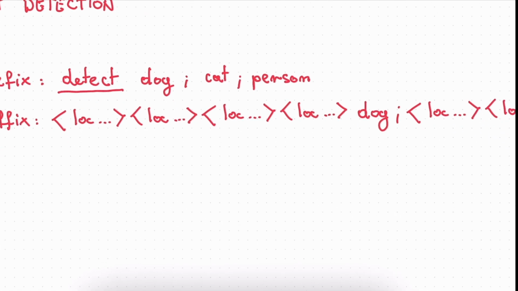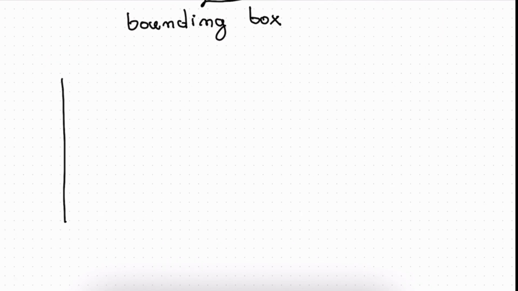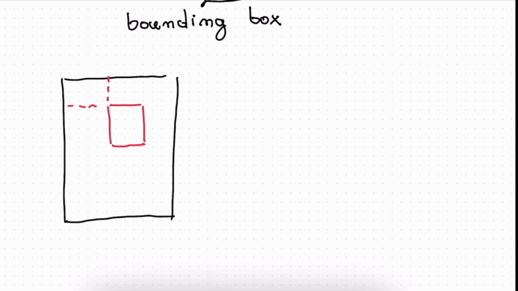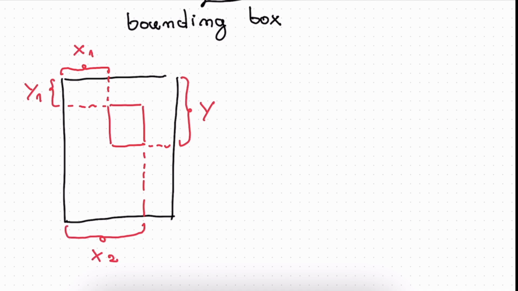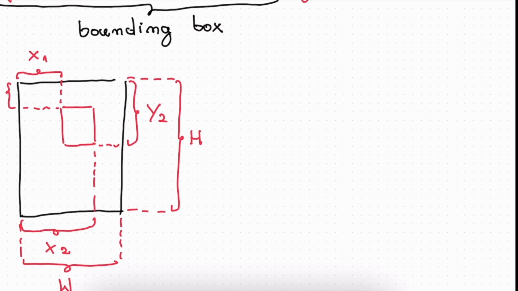Most of you probably already guessed that the 4 loc tags define the location of the bounding box, but the format itself is quite surprising. Imagine an image with a detection defined by coordinates x1, x2, y1, and y2. The image has height h and width w. The first thing we need to do is to set the coordinates in the right order: y1, x1, y2, x2.